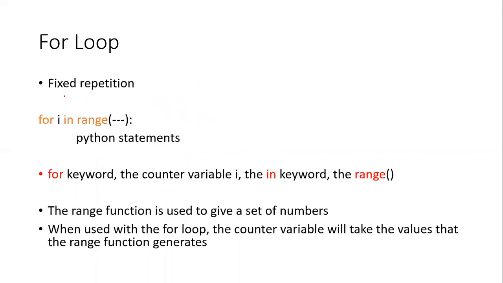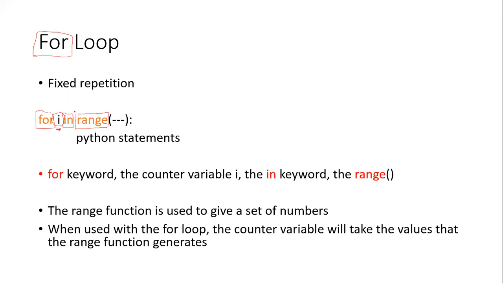In order to perform fixed repetition, we make use of the for loop. The for loop is used to perform repetition a fixed number of times. To do that, we use a keyword, for. We then use something called a counter variable. In this case, the counter variable is I. We have another keyword, in, and the next keyword is range.